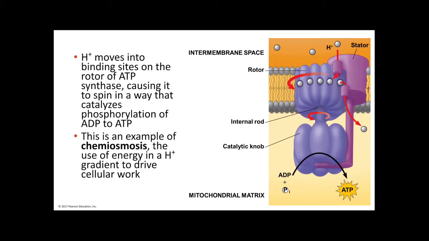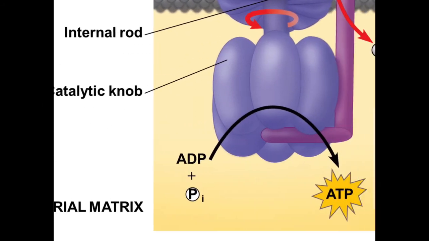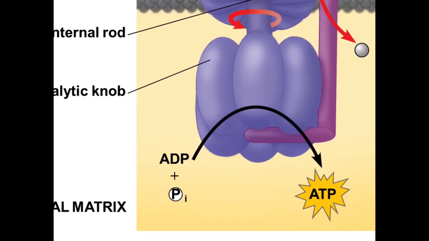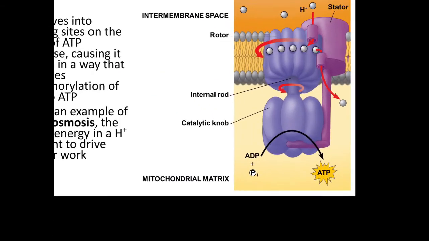All right, so here you have a diagram of an ATP synthase. You can see the intermembrane space is the darker orange at the top. Mitochondrial matrix is at the bottom. So you have hydrogen ions. They're going to bind to specific binding sites on the ATP synthase, which will cause it to rotate and catalyze the phosphorylation of ADP to ATP.